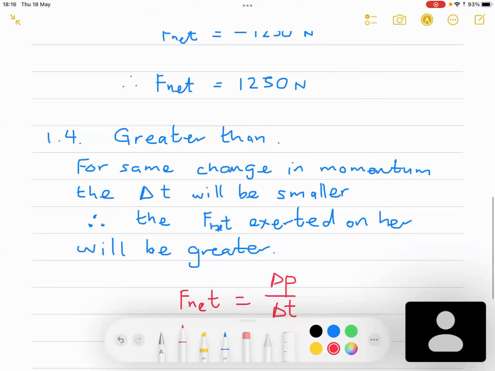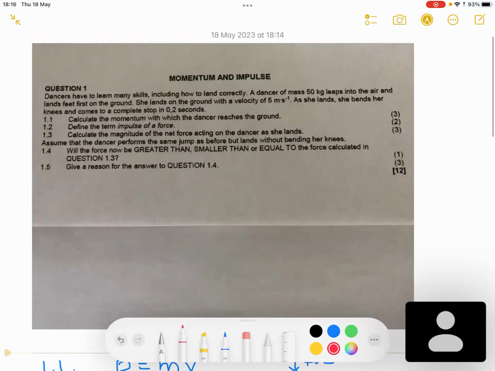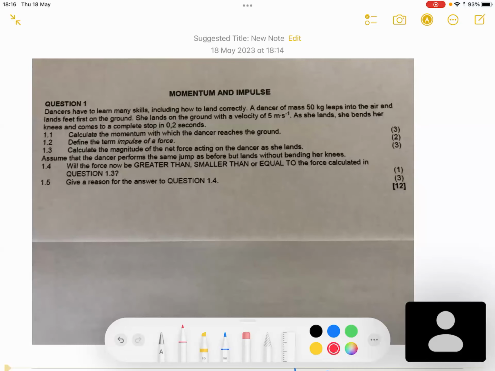Okay, so question 1.4 says that this dancer is landing with a velocity of 5 meters per second. As she lands, she bends her knees and comes to a complete stop in 0.2 seconds. So when she lands and bends her knees, it takes 0.2 seconds for her to come to a stop.